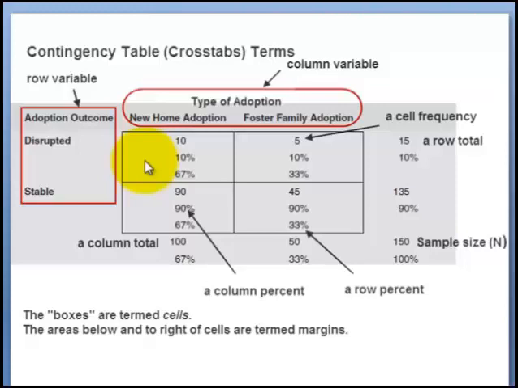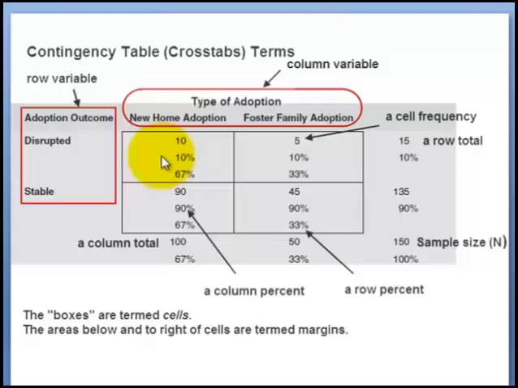And this particular contingency table has two types of cell percentages. It has column percentages and row percentages. The top percentages in each cell are our column percentages, which is to say, these are the percentages that sum to 100 down the columns.